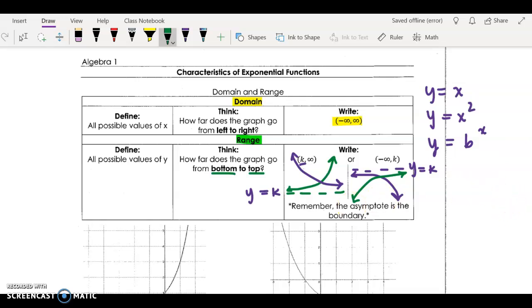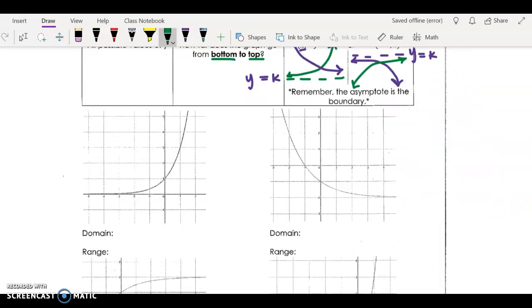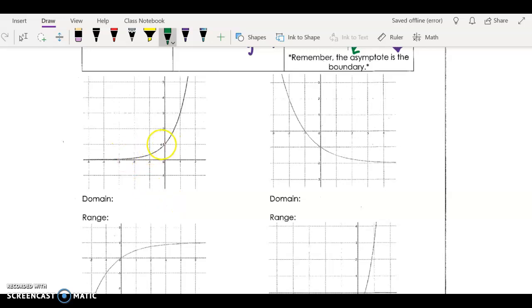So let's look at a few examples and talk about what we see. This first example, the domain is going to be all real numbers, negative infinity to positive infinity. The range will begin at the bottom of the graph, and the bottom of this graph goes to the asymptote, and that asymptote is y equals 0. So the range starts at the bottom, which is at 0, and it goes up at the top to positive infinity.